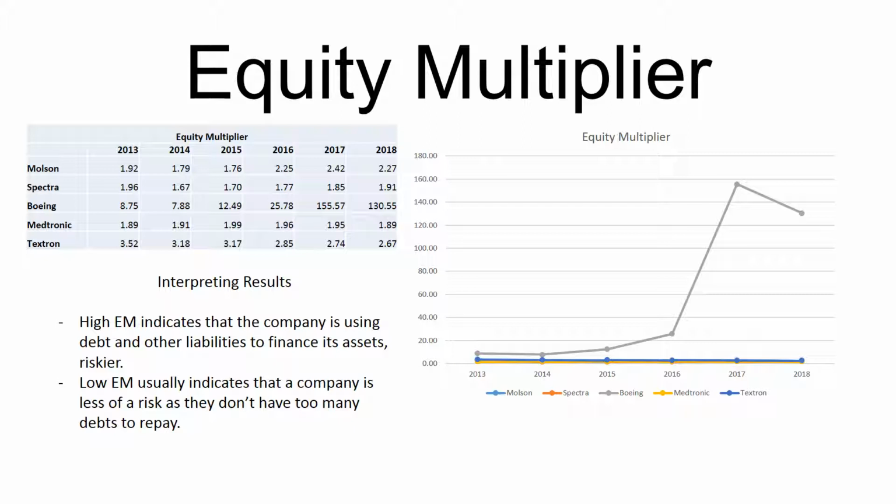that it started with an equity multiplier of 8.75 in 2013, which was almost three times as high as the other companies. However, we can clearly see that in 2017, the equity multiplier skyrocketed from 25.78 in 2016 to 155.57 in 2017.